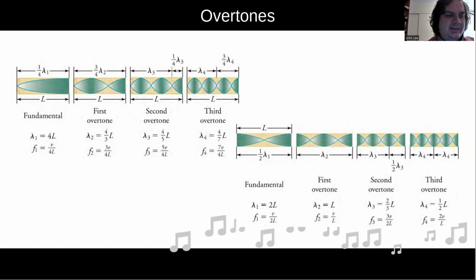Flutes and clarinets and objects like that, you just blow into the flute and you have these certain frequencies that are going to resonate, and that's the sound that's going to come off.